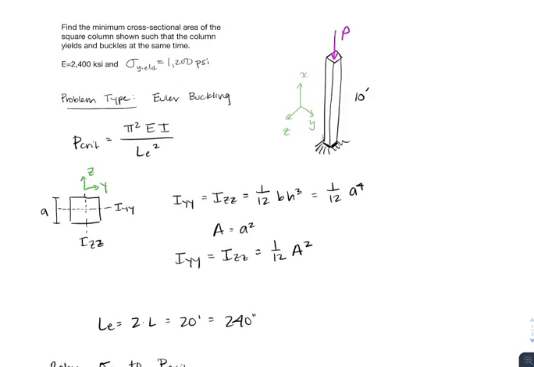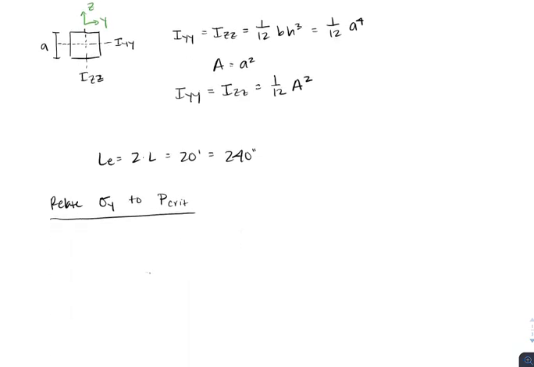When we say that this column is going to yield, since there's only an axial force acting, the stress in this system is just going to be a force over an area. So our yielding stress is just going to be equal to this P critical over the area of our section. So this is just axial stress that we're getting.